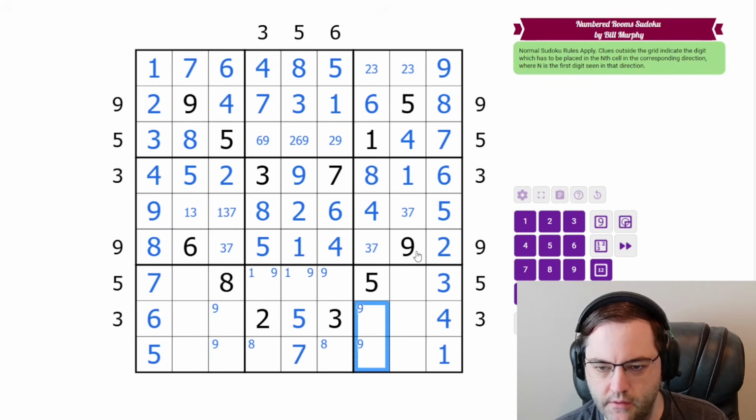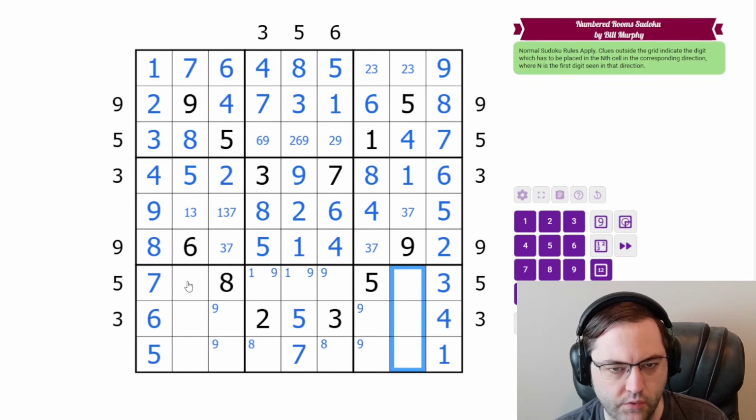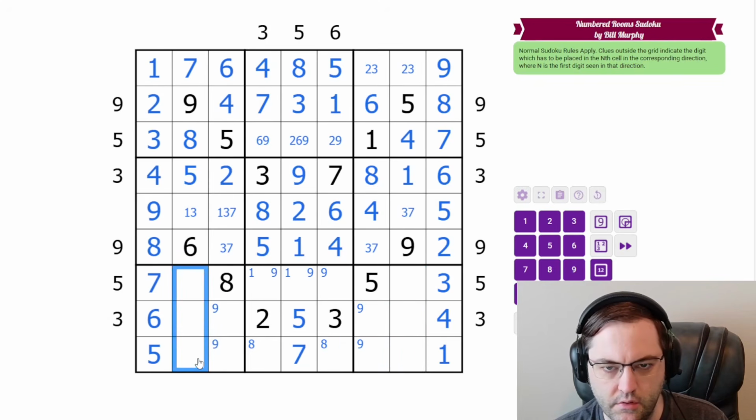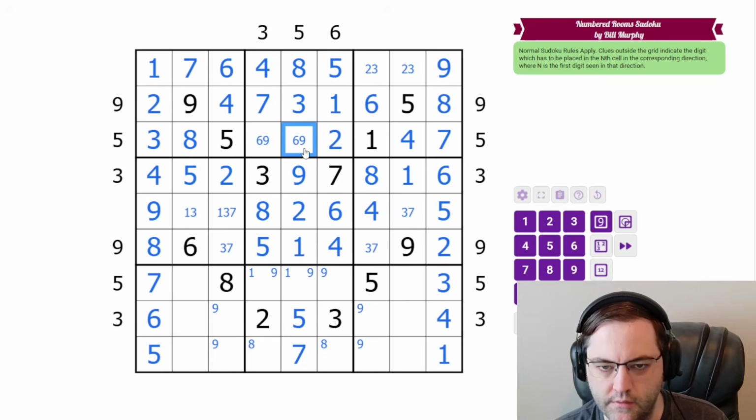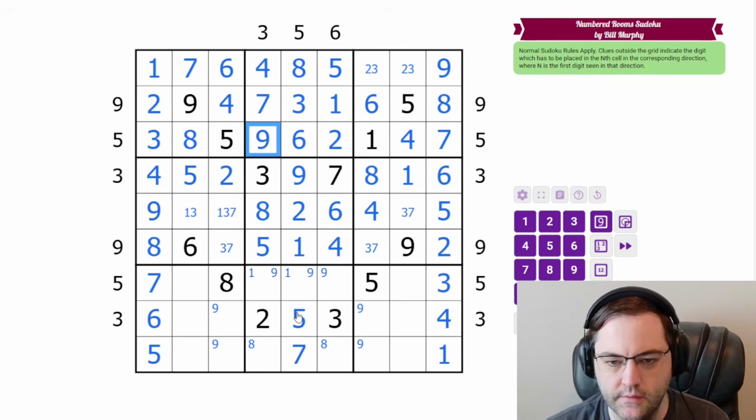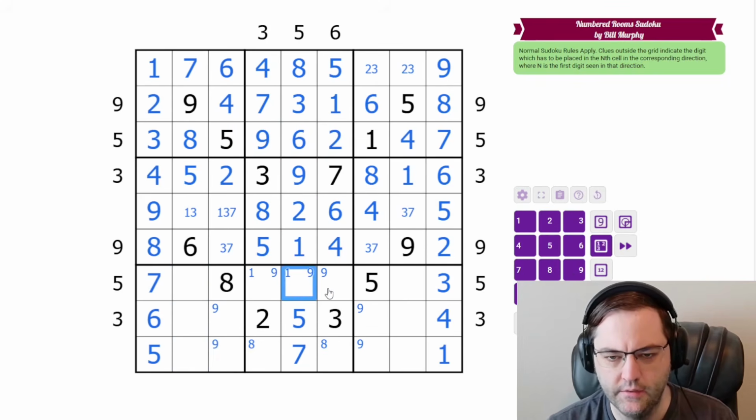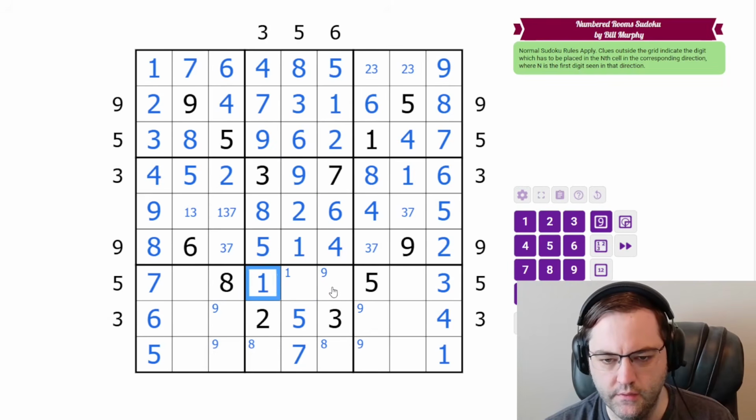Still haven't resolved the 9s, have we? Six and 8 in these cells somewhere. We got the 2 here, so that's resolving this. That is not 9 or 1, so this is 1, 9 like that, with a 4 there.